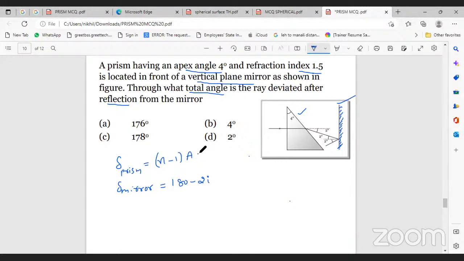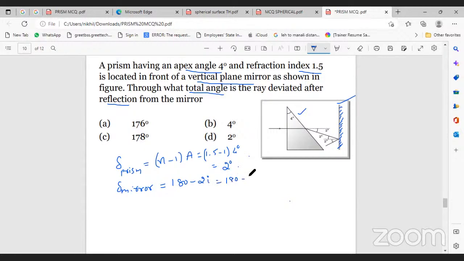Sir, (n minus 1) into A. What is the refractive index they have given? 1.5. So 1.5 minus 1, into A. What is A? 4 degrees. So 0.5 into 4 means 2 degrees.